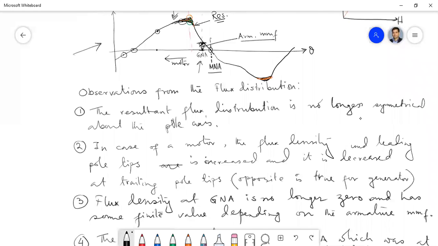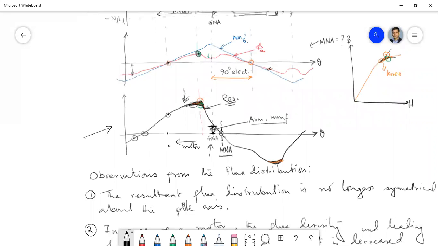Suppose this value was the original value of the no load field distribution.